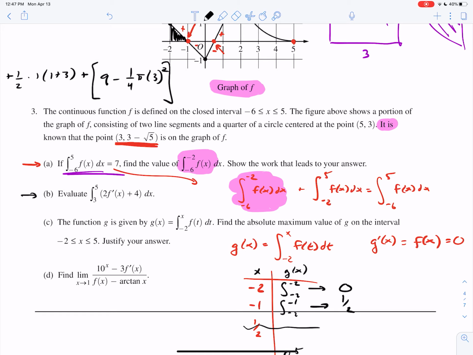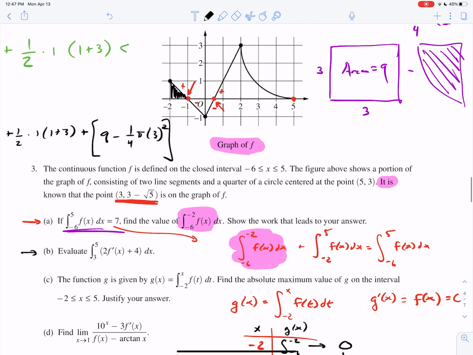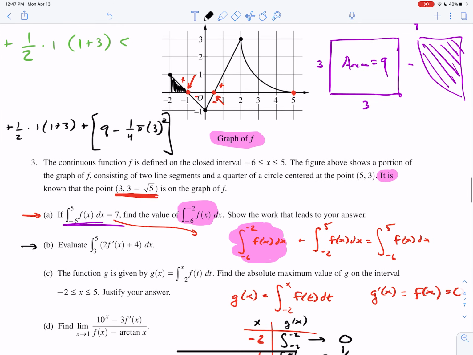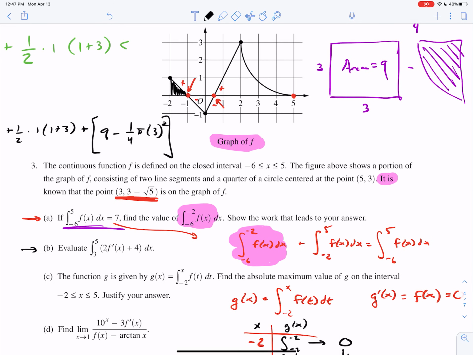Brain fart. What am I missing? -2 to 5. Yes, that was from part A. -2 to 5 was pretty much the area from -2 to 5.